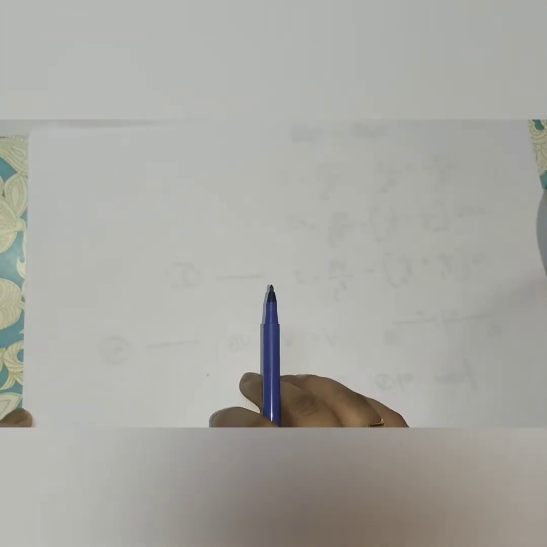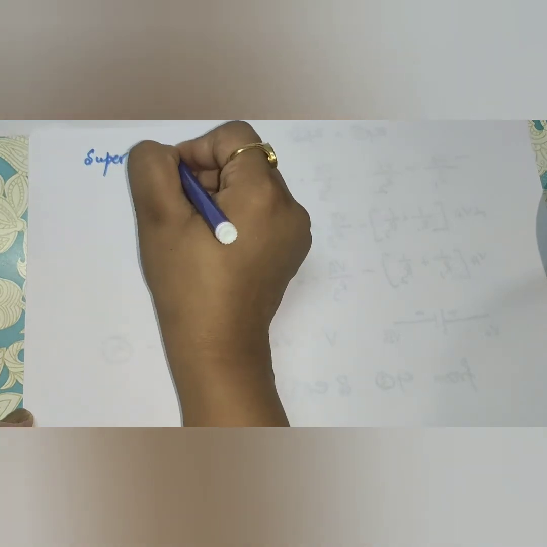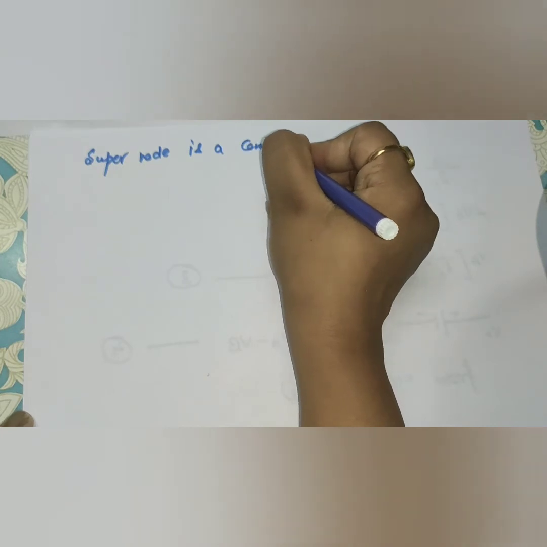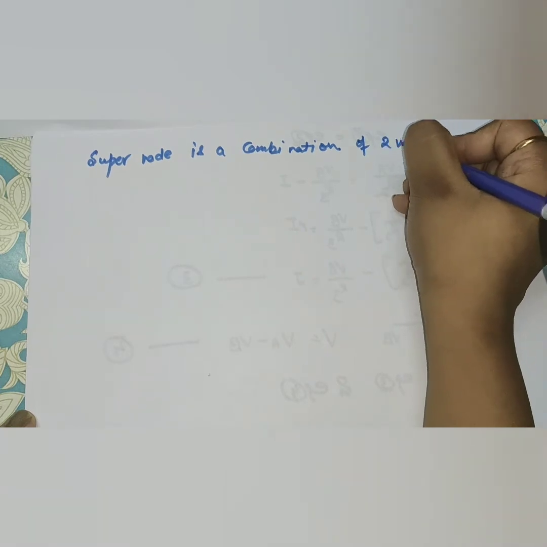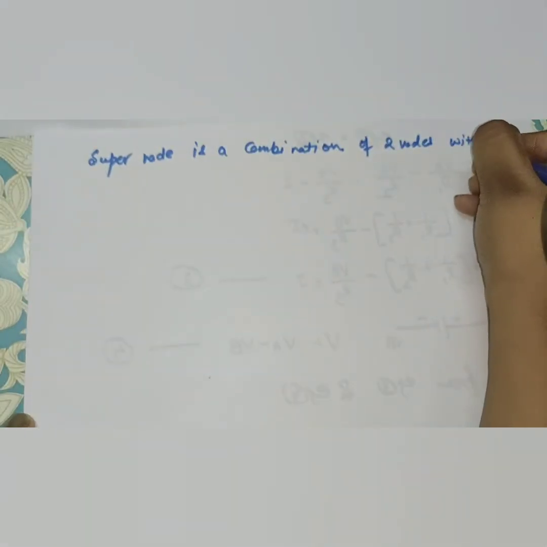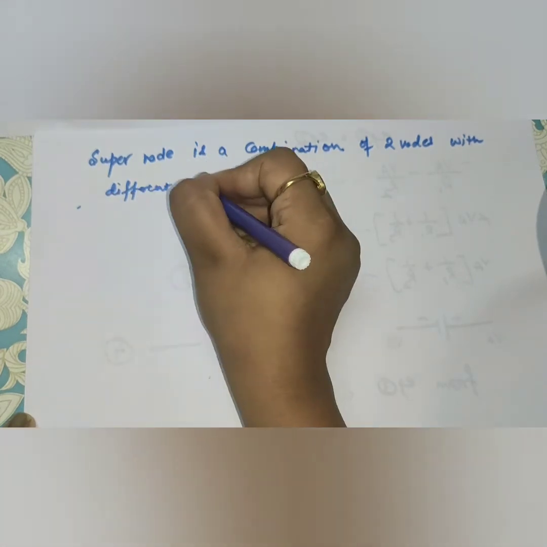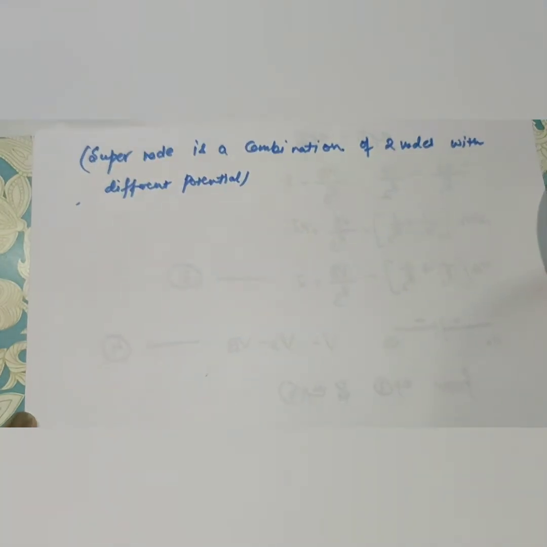A supernode is a combination of two nodes with different potentials. For different potentials, there are two nodes.